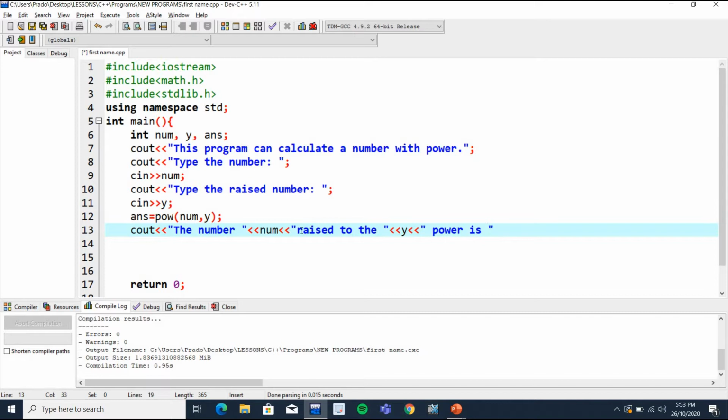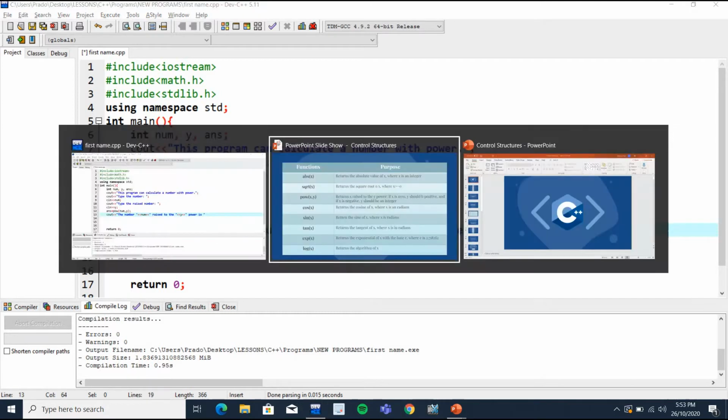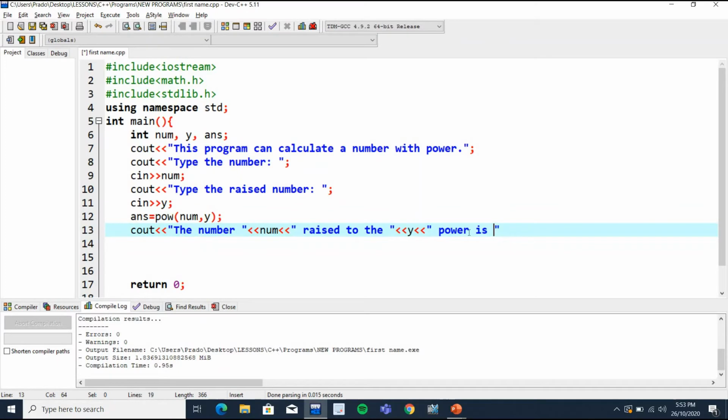So, yun na po yung sentence natin: number blank raised to the blank power is blank. So, tatawagin na po natin si answer; semicolon. And then, we will run the program.